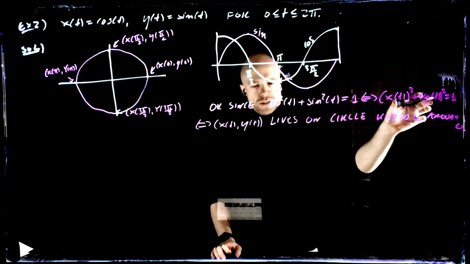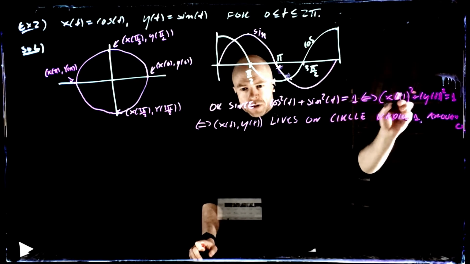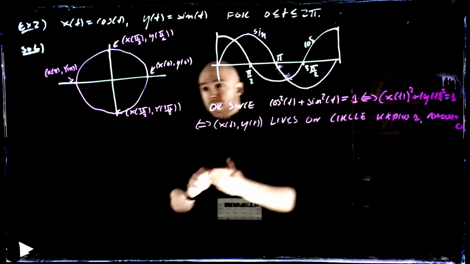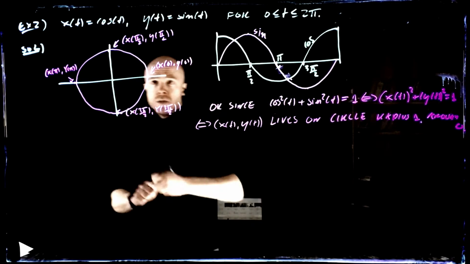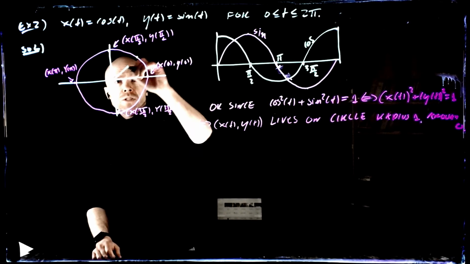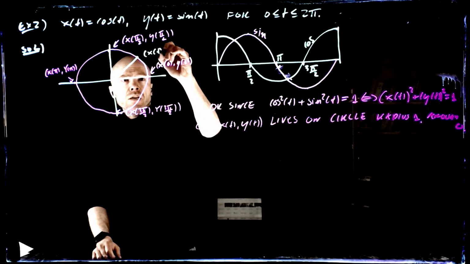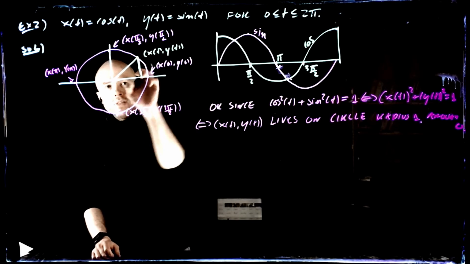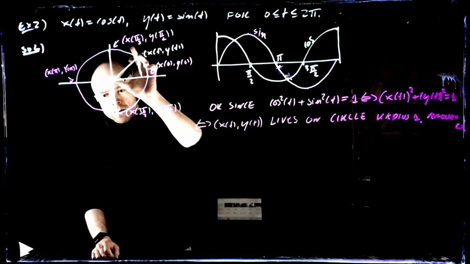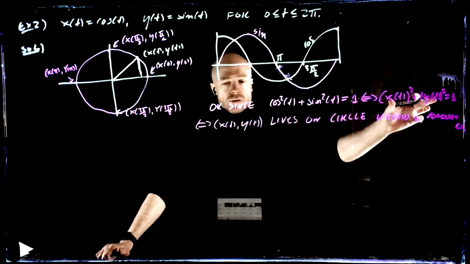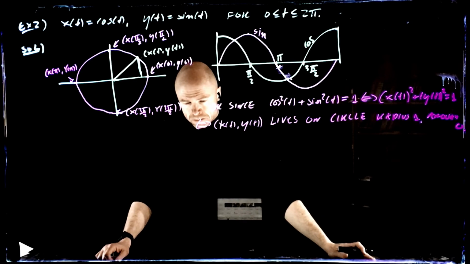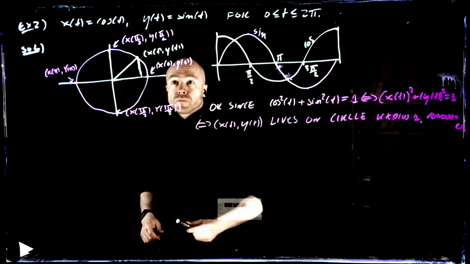Because this is exactly saying what's the distance of the vector x of t, y of t away from 0, right? This is saying that the hypotenuse of the triangle which goes to x of t, y of t is the square root of x of t squared plus y of t squared, right? So the hypotenuse squared is equal to 1, so that's the same as saying that we live on the circle, yeah?